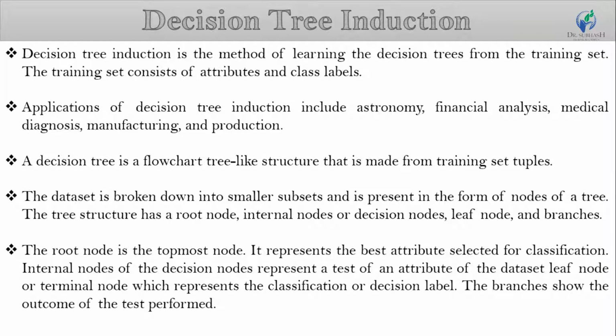Internal nodes or decision nodes represent a test on an attribute of the dataset. Leaf nodes or terminal nodes represent the classification or decision label. The branches show the outcomes of the test performed. Some decision trees only have binary nodes, that means exactly two branches per node, while some decision trees are non-binary.